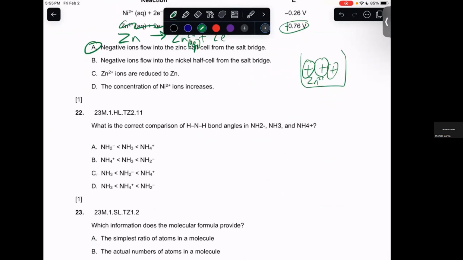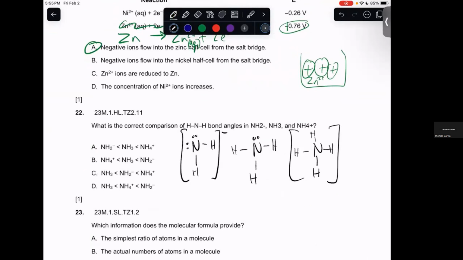What is the correct comparison of H-N-H bond angles in NH2 minus, NH3 and NH4 plus? Well, we looked at this a little bit in class, but if we have NH2 minus and we draw it out, we get this nice shape that almost looks like water. NH3, and NH4 plus.